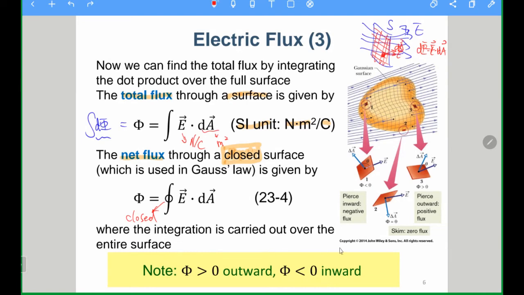And here also the dA will be pointing out of this closed surface.